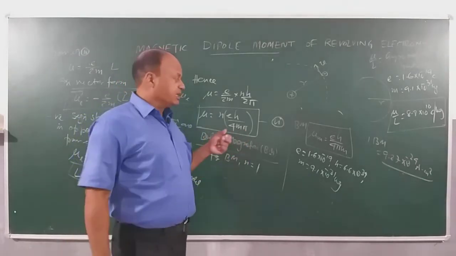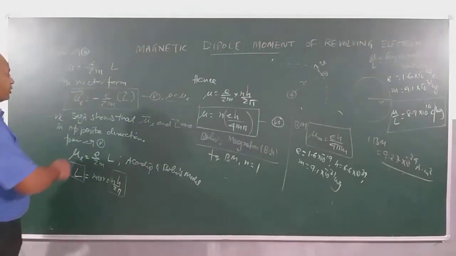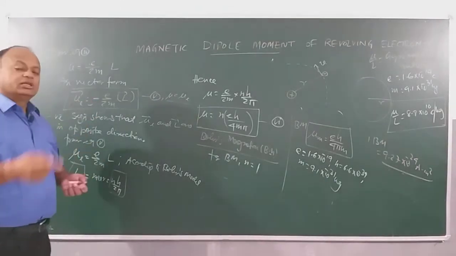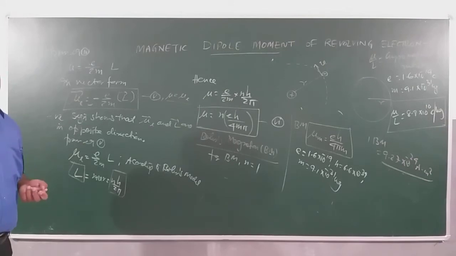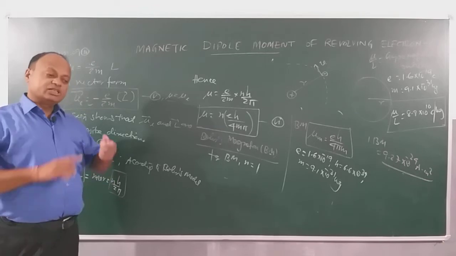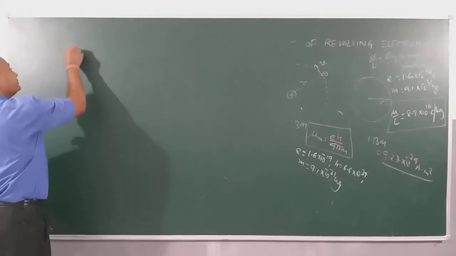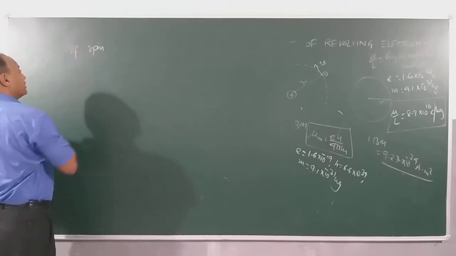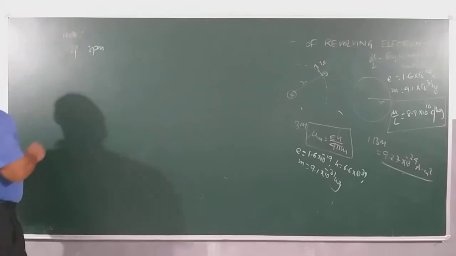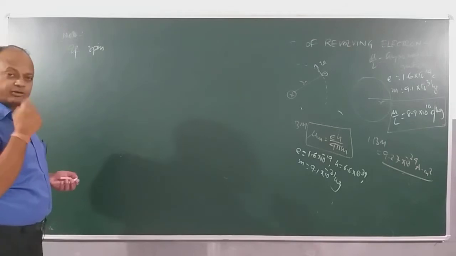Okay. So we will be seeing what will happen. Here we had this important relation. This contribution came from the revolution of the electron around the nucleus. Now we will also see what contribution will be made when the electron is spinning and going around the nucleus. Electron is spinning about its axis, and then it is moving around the nucleus.